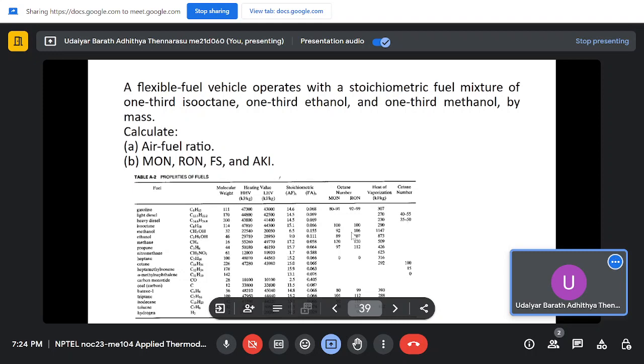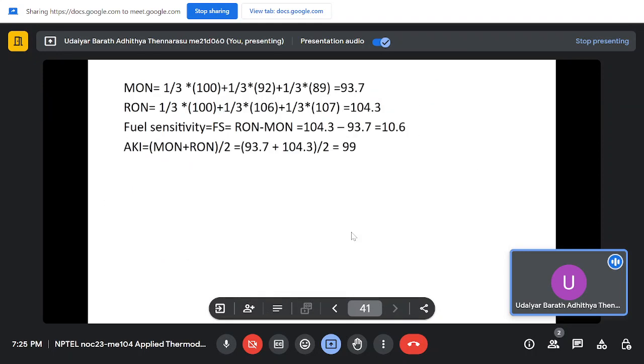So the MON of the fuel is the mass fraction times the octane number: 1/3 times 100 plus 1/3 times 92 plus 1/3 times 89 for isooctane, methanol and ethanol. Substituting that, the MON of the fuel is 93.7. Because it's equal proportion, it is close to the middle component.